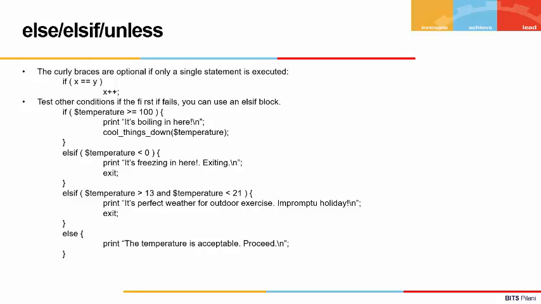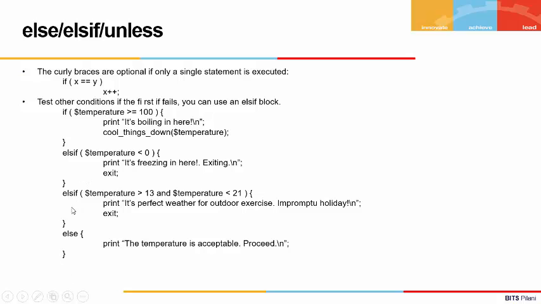If you write else if or elseif, that will give an error in Perl. If this condition isn't satisfied, it goes to the elsif condition, and if that is satisfied, it will print and exit from there, go out of the block, and start executing the further part of the code.